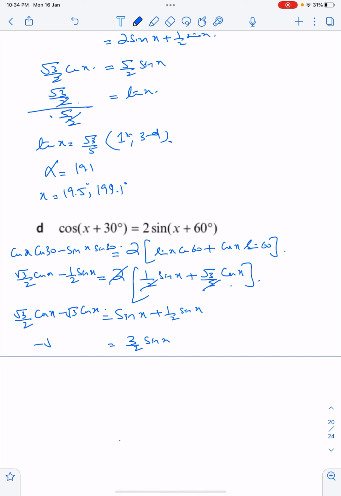This is negative root 3 upon 2 cos of x here. Sin x upon cos x is tan of x equals negative root 3 upon 2 upon 3 upon 2. Okay, so you've got tan of x equals negative root 3 upon 3.